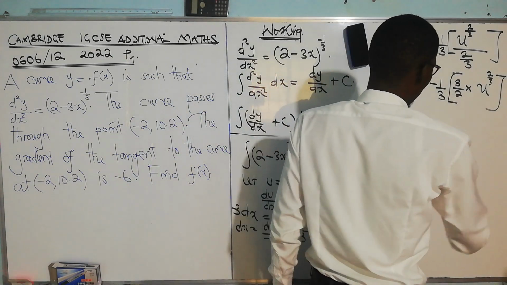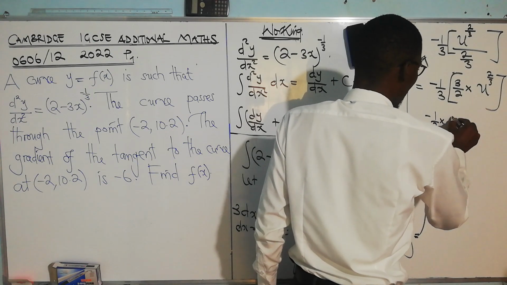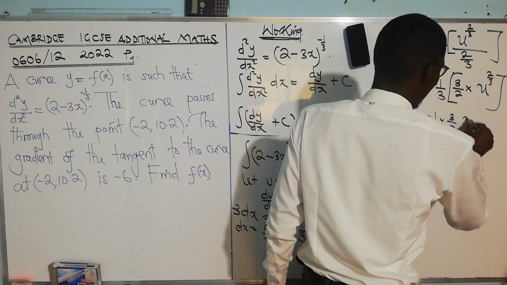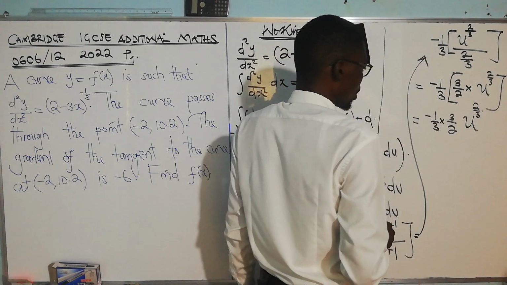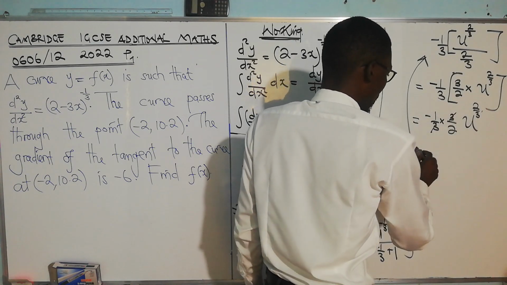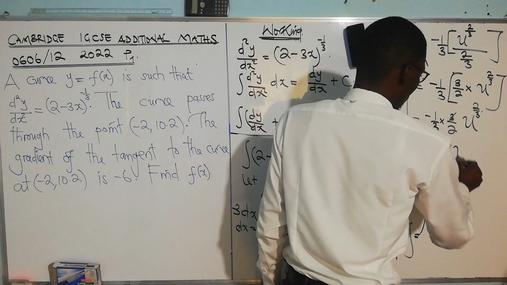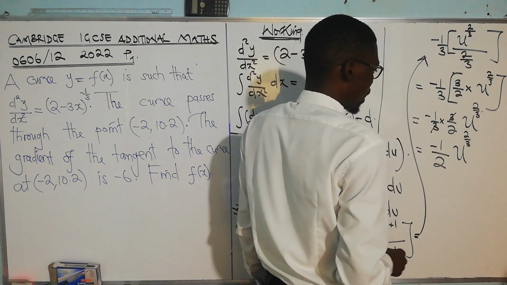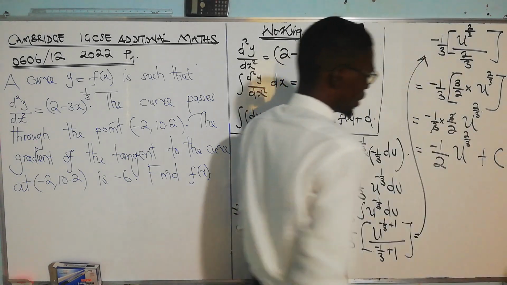Now I can expand this. This is going to give us negative 1 over 3 times 3 over 2 u to the power 2 over 3. Alright, you cancel this and that, you are going to get negative 1 over 2 u to the power 2 over 3. Then everything plus a c.